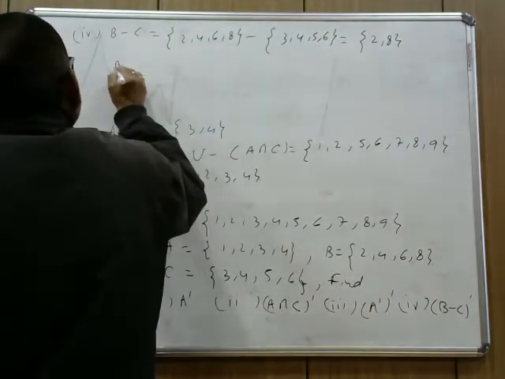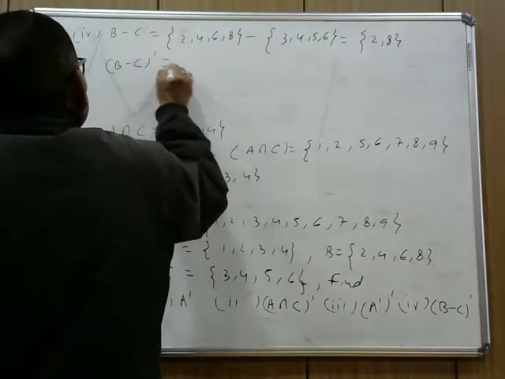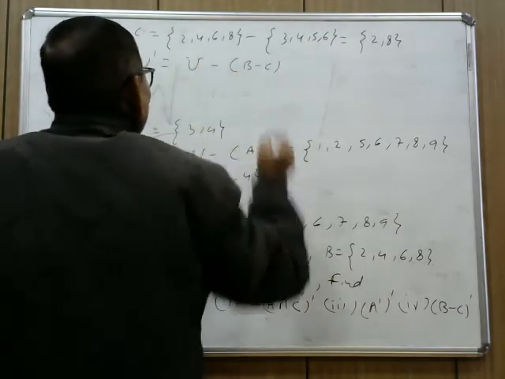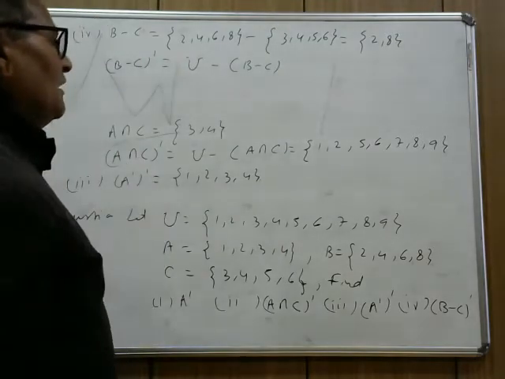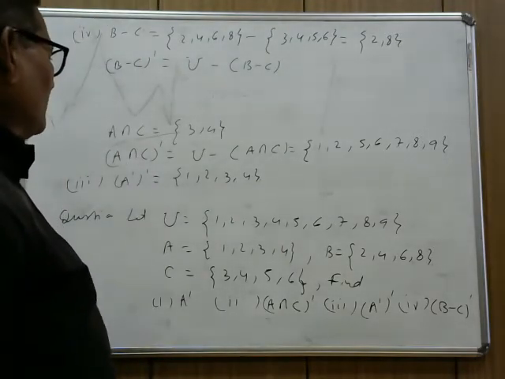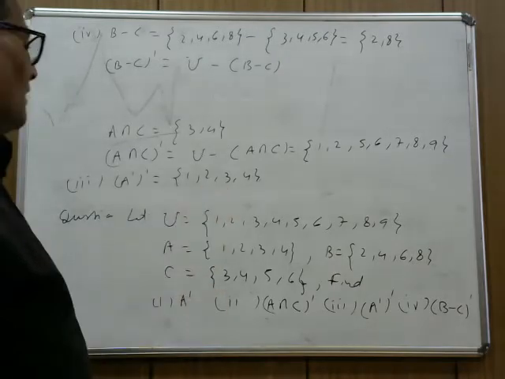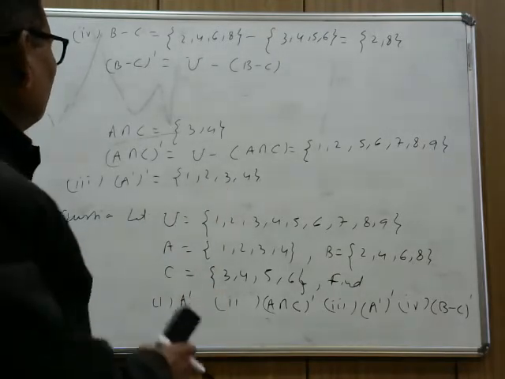Now B minus C complement is equal to universal set minus B minus C. In B minus C there are two elements, 2 and 8, and you take out 2 and 8 from the universal set and write all the remaining elements.